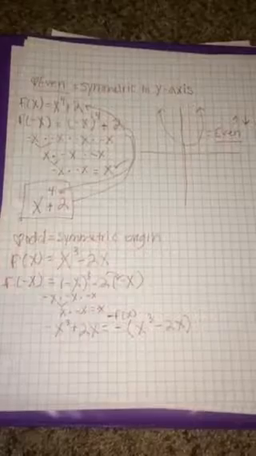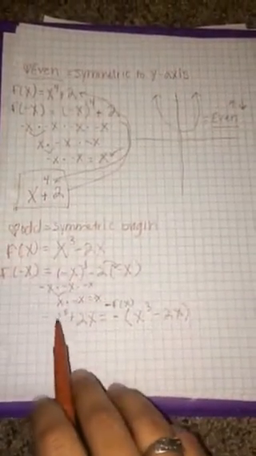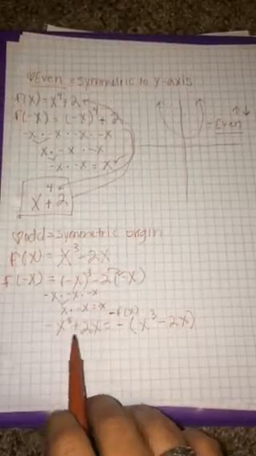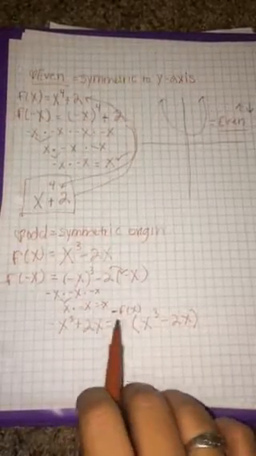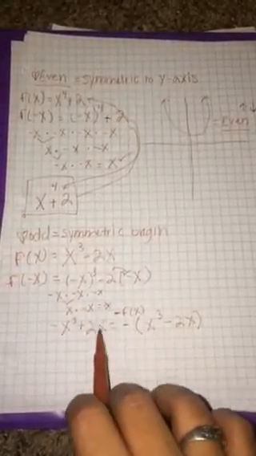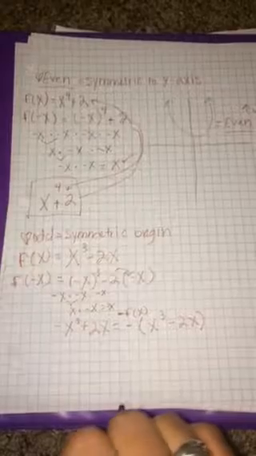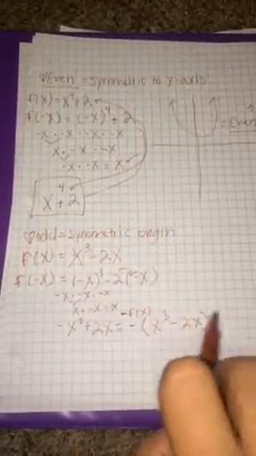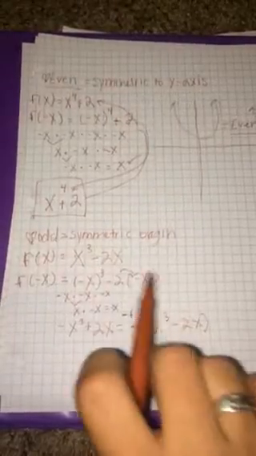We got back to the original function, because negative times a positive equals a negative, and negative times a negative equals a positive. So we got back to the original function.